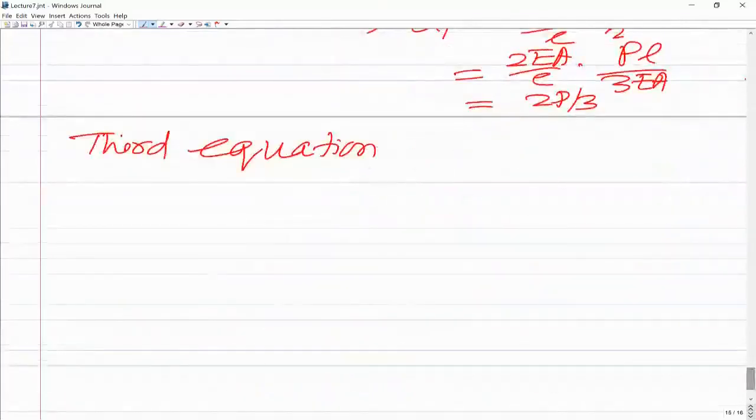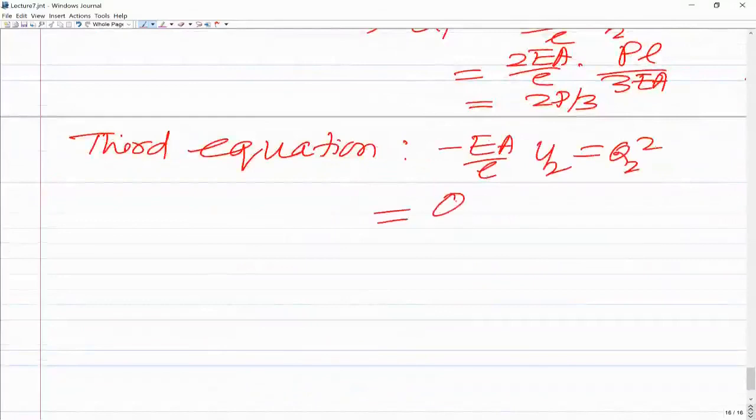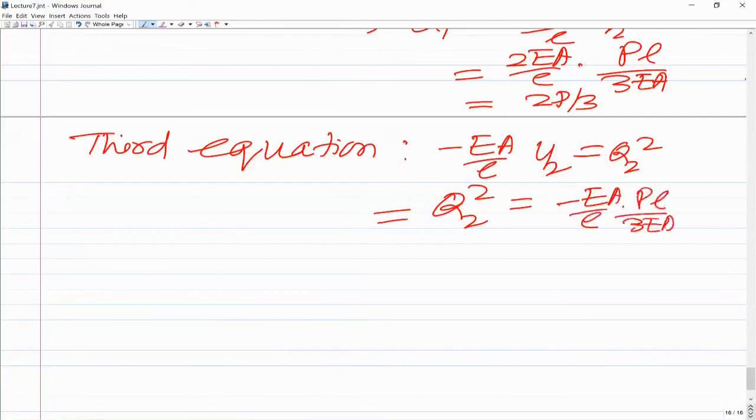So you will see that q22 is equal to minus EA by L into u2, and u2 is PL upon 3EA. So this will be minus P by 3. So this, as you see, is the reaction forces. Of course, the post processing you can do in exactly a similar manner.